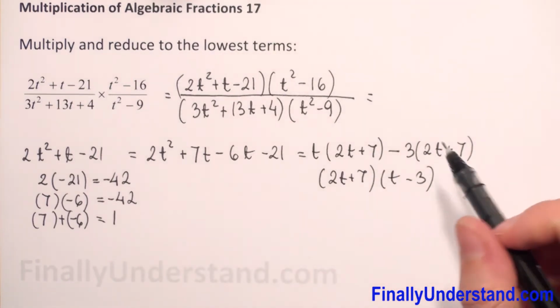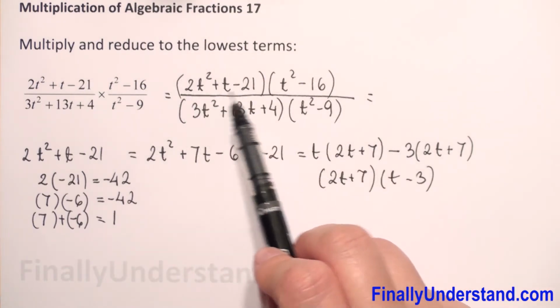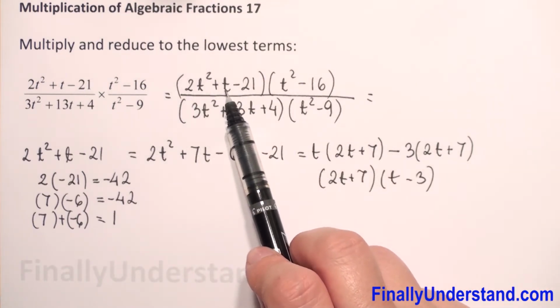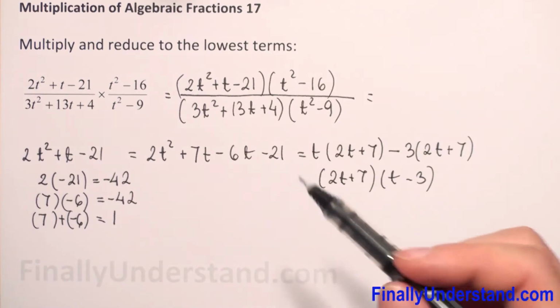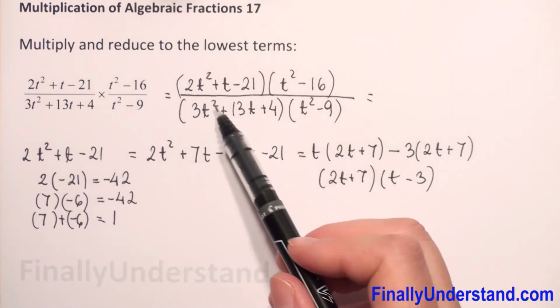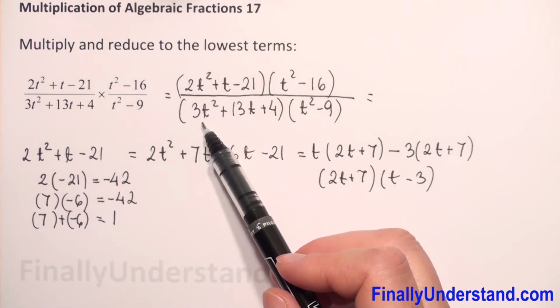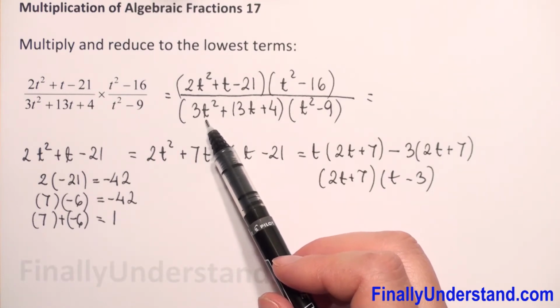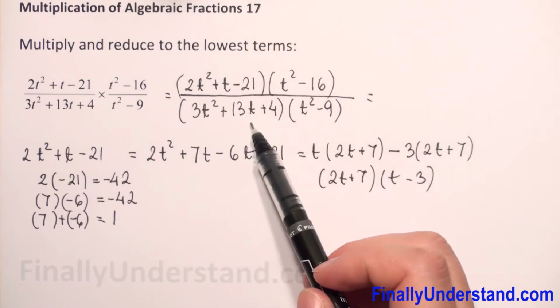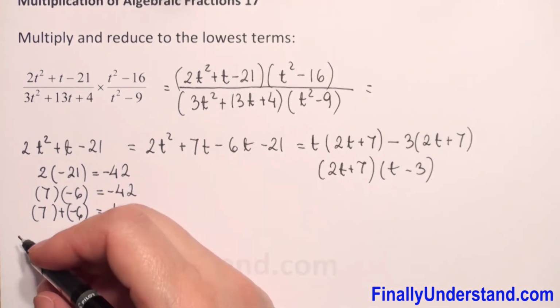So now we can rewrite our first expression in parentheses. And what else do we have here? In this denominator we have a quadratic trinomial. So we will try to factorize this trinomial by using the grouping method as well.